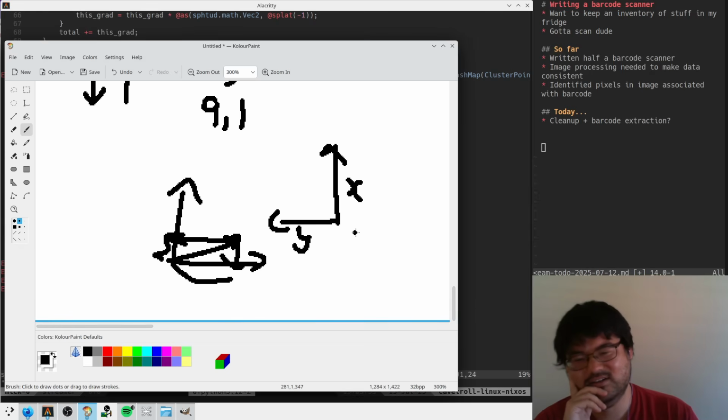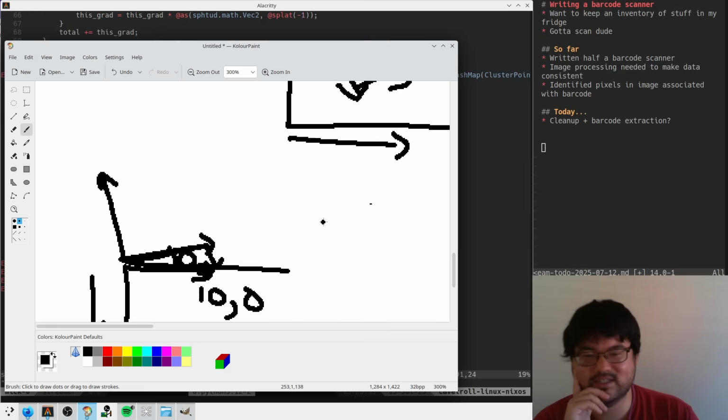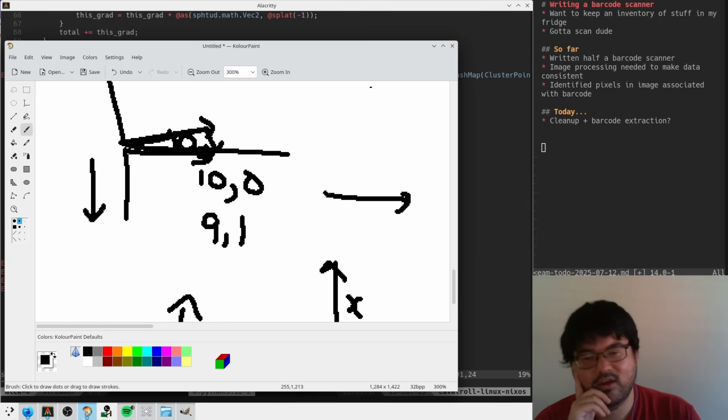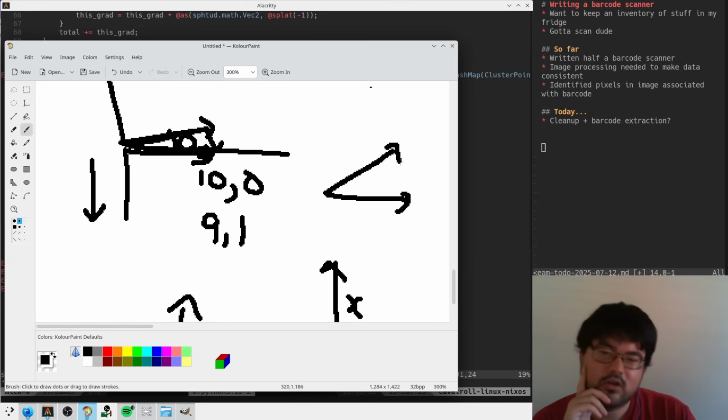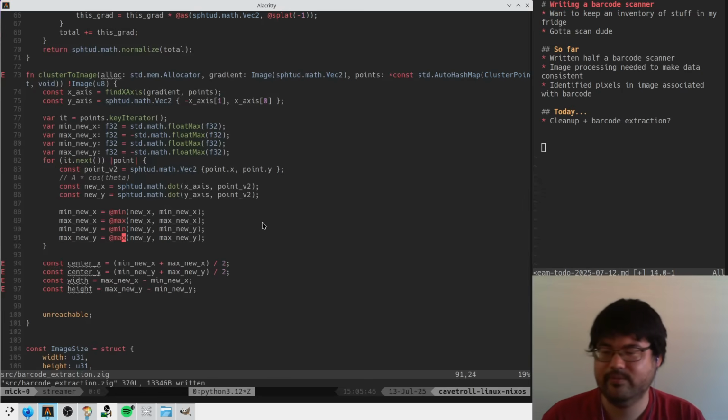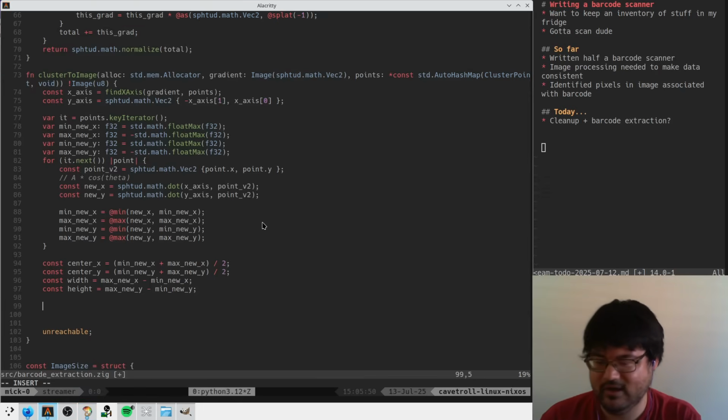I guess it's something to do with inverting the angle of new x to x. Yeah. So you have an x-axis.